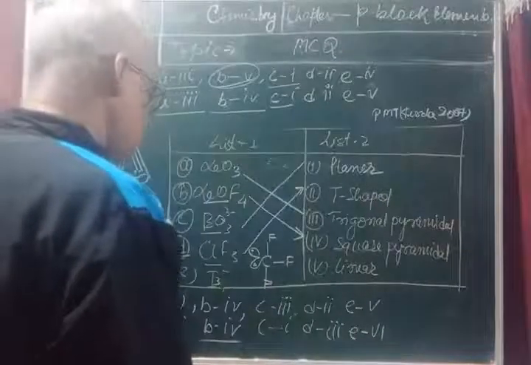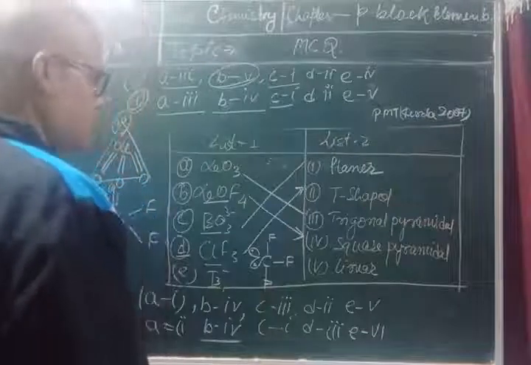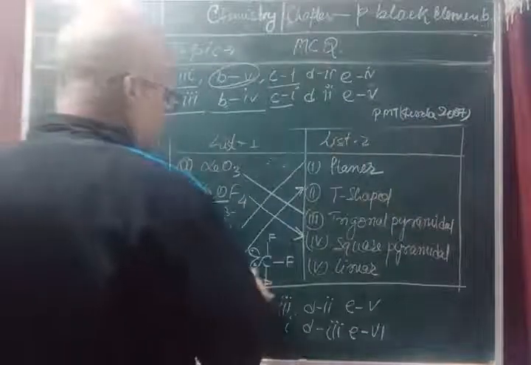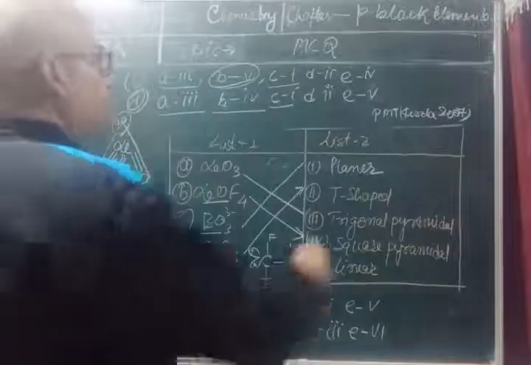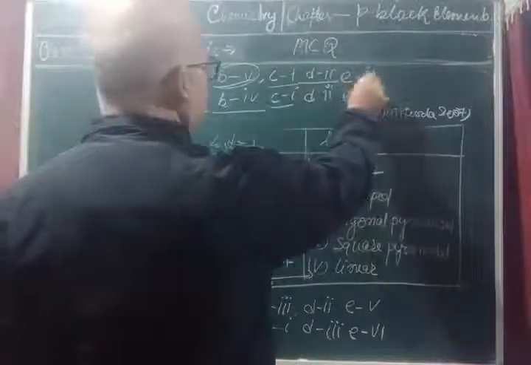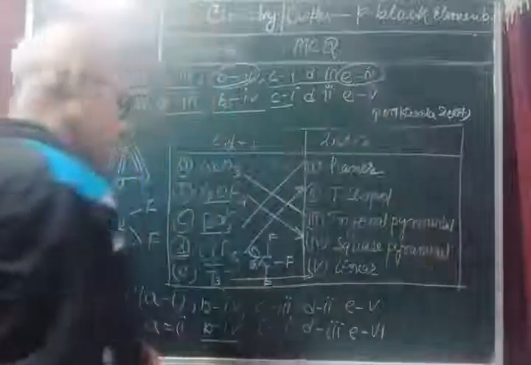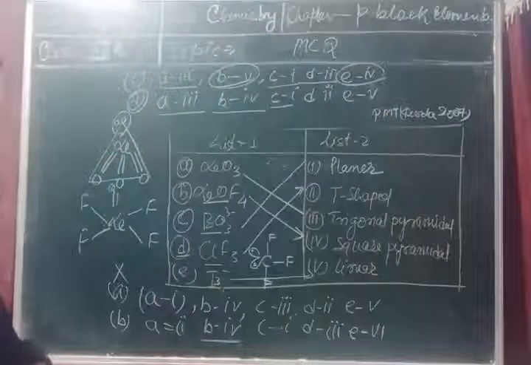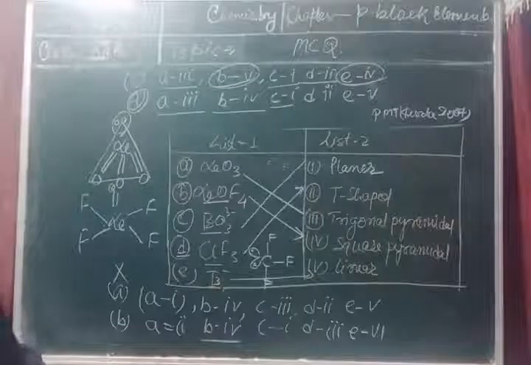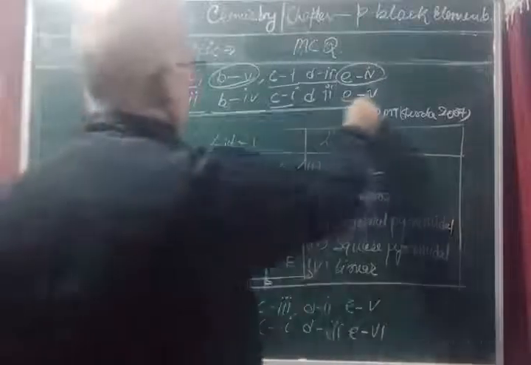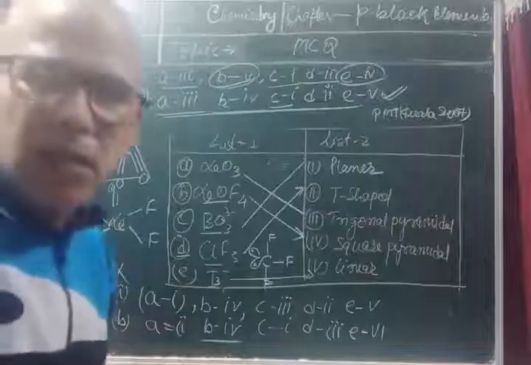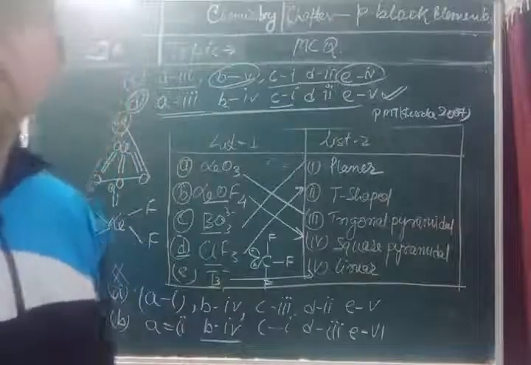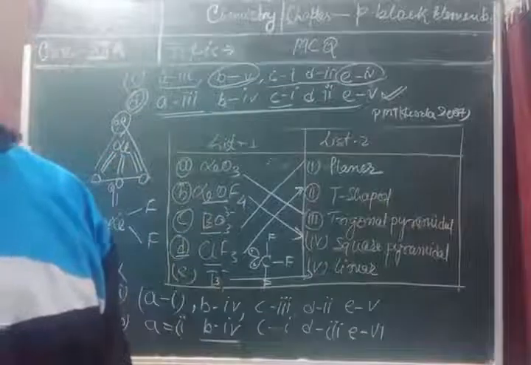And the last one, I3 minus, is the linear structure. So this option is matching, but this one is not matching. This way this option is correct.